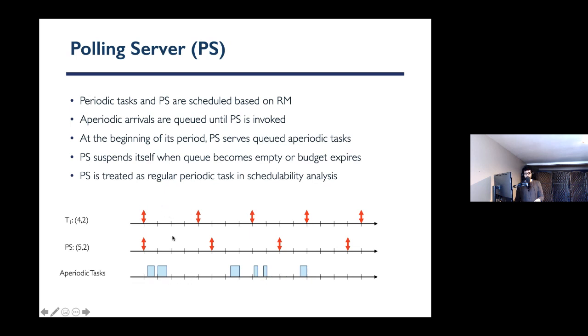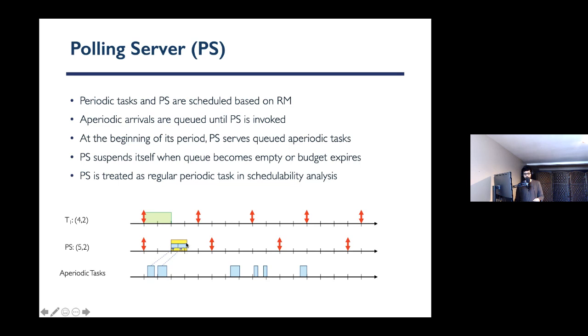Now let's run this system and see how it works. T1 has a shorter period, so it gets higher priority and runs first. Now at time 2, PS gets scheduled. It has 2 tasks in the queue, so it can run those 2 tasks because it gets scheduled.